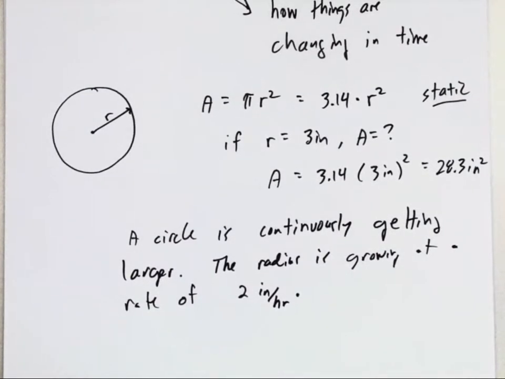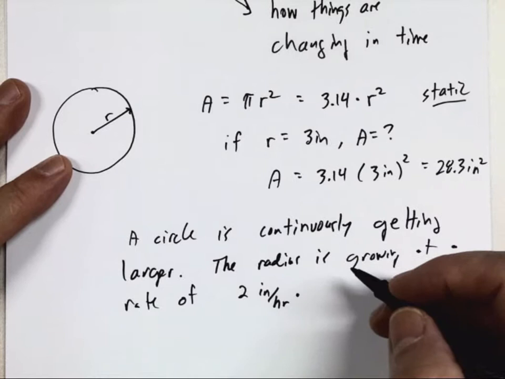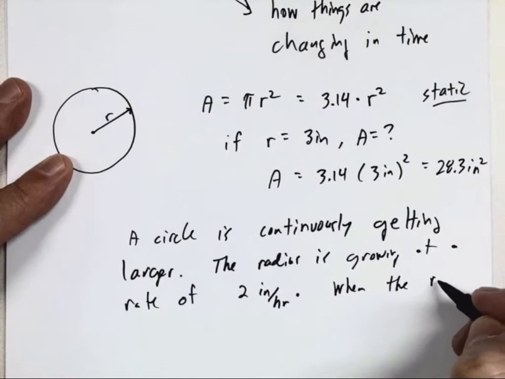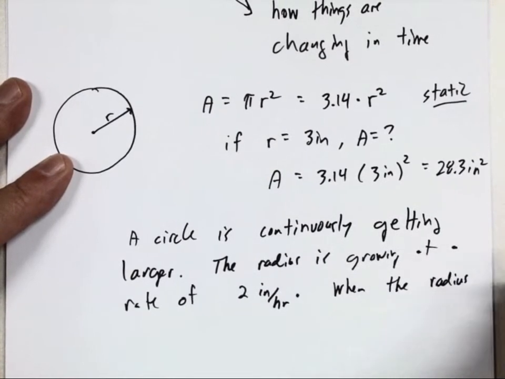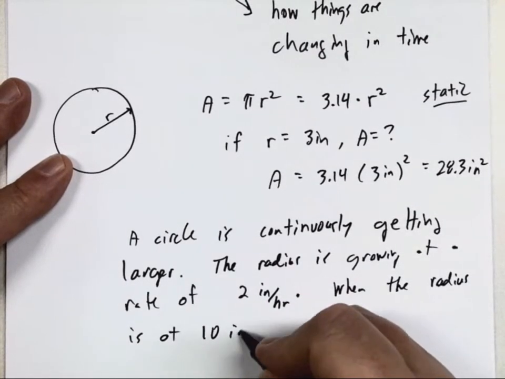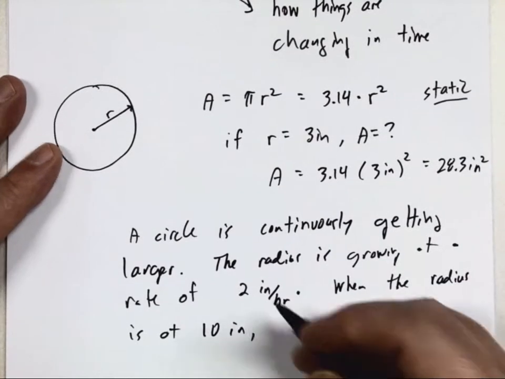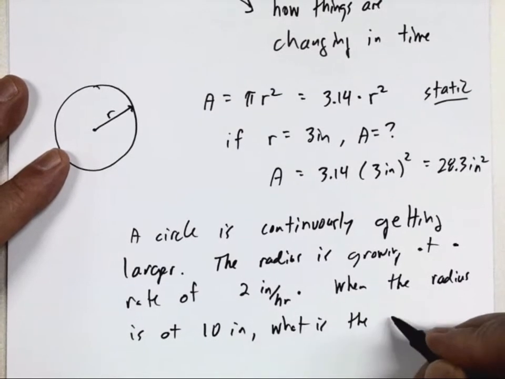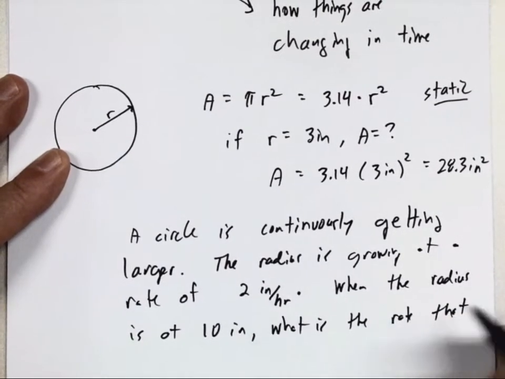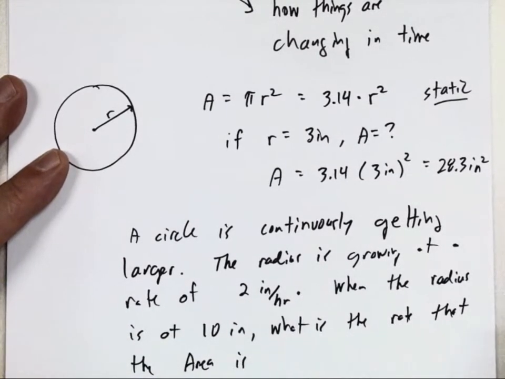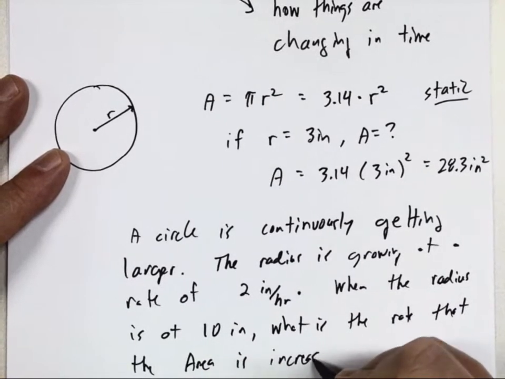So here's the question. When the radius is at 10 inches, what is the rate that the area is increasing?